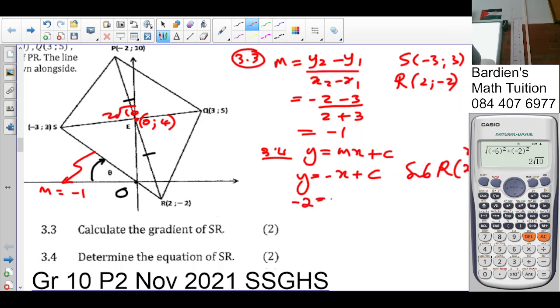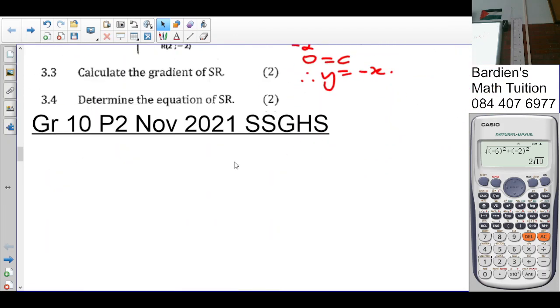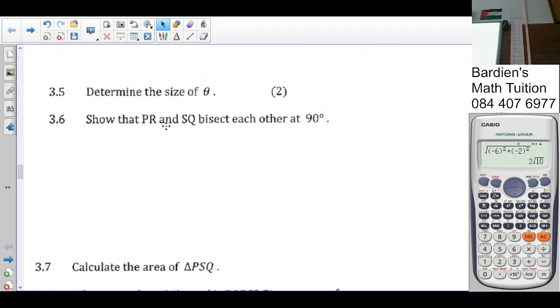So negative 2 is equal to negative 2 plus c. So your c value is 0. We should have known it's 0 because the line is going through the origin anyway. So therefore y is equal to minus x. Okay, we could have skipped that whole step there. So we are told that it goes through the origin. Okay, we didn't just assume there. Okay, next question.